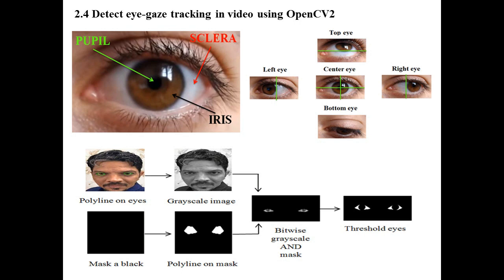This allows the extraction of the eyes using the bitwise and binary pixel, which combines the grayscale image with the polygonal black mask image to filter out things like eyelashes, with a threshold of 70 pixels, as shown in the figure.